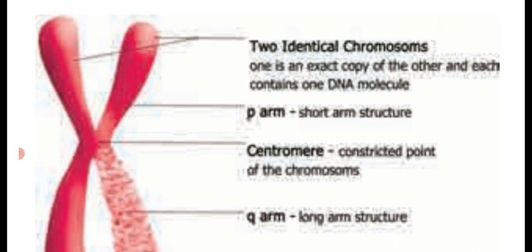See the diagram. This is the structure of a chromosome, which contains two identical arms known as sister chromatids.